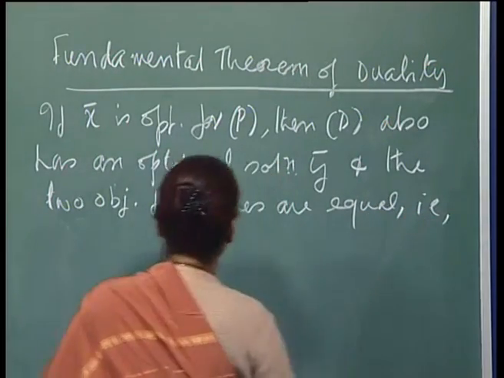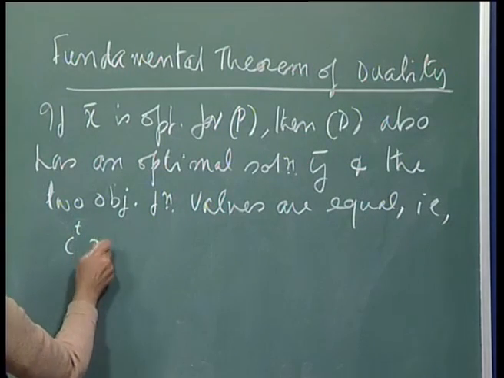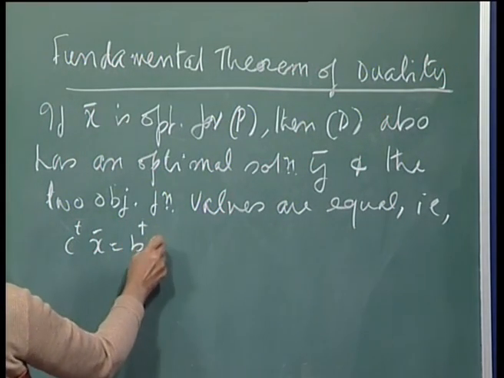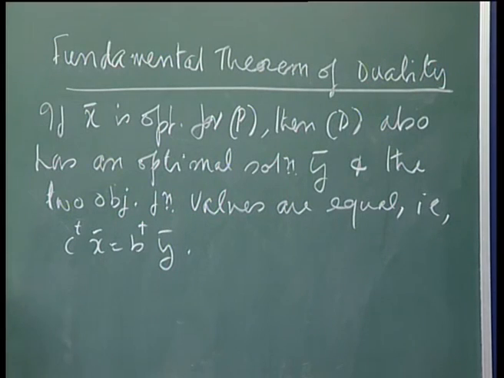That is, C transpose x bar is B transpose y bar. So, let us prove this.